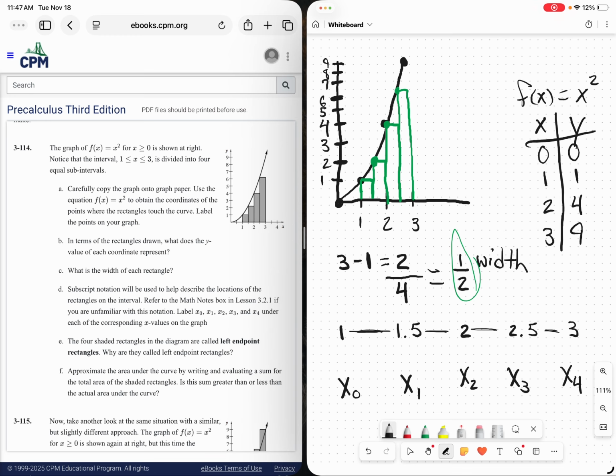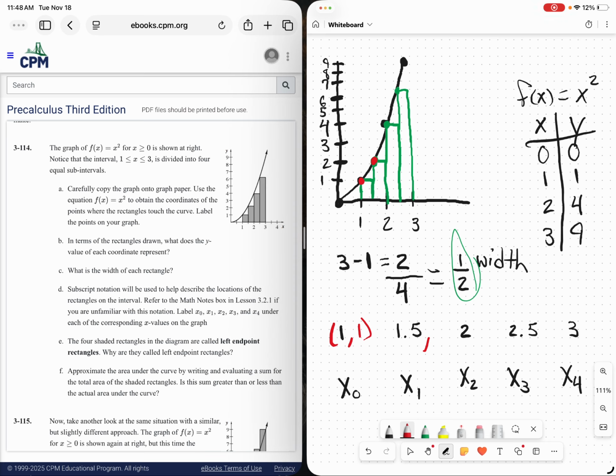Okay, and as we label, part B then says, in terms of rectangles drawn, what does the y value of each coordinate represent? Well, I haven't found the y values. So let's find the y values of each coordinate of those points on the line. 1 is on the line, so we can see that right here. That's a point on the line, so 1, 1. The next one would be 1.5.